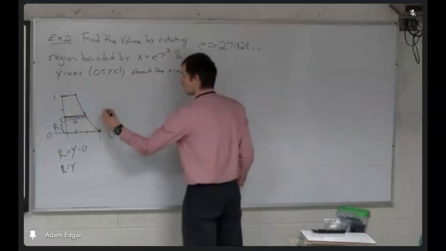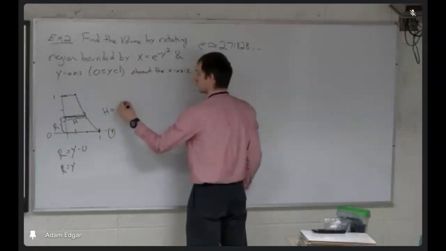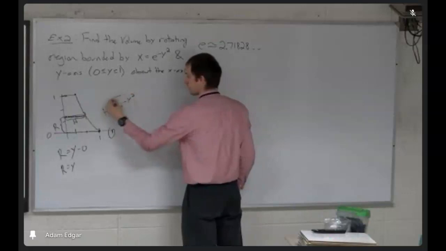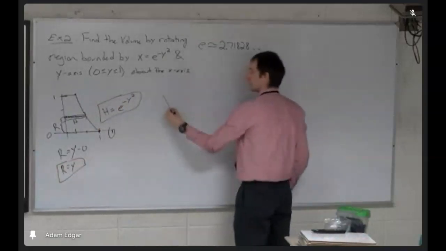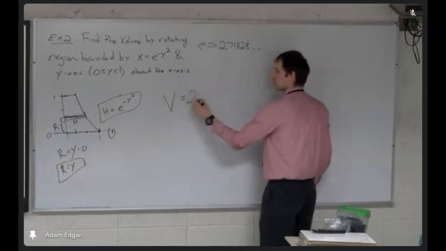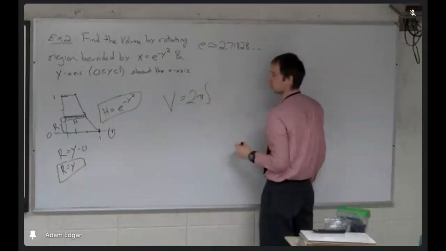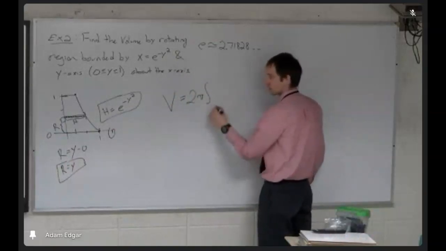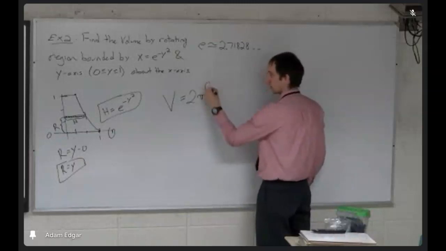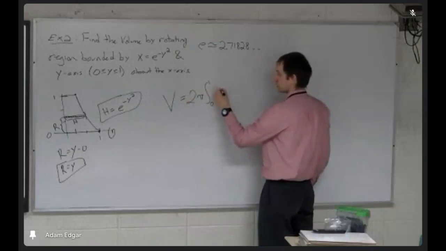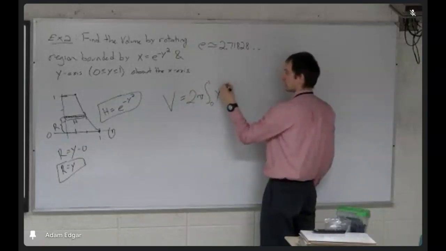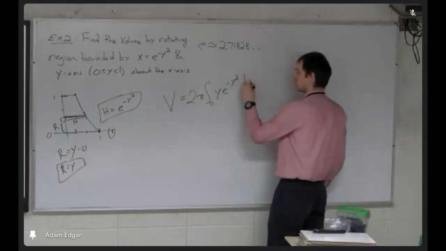So h equals e to the negative y squared. And once you've got those two things, you can put them together in your volume equation and say volume equals 2 pi times the integral. We're doing everything in terms of y, so we're going from 0 to 1 up the y-axis, and then we have y times e to the negative y squared dy.